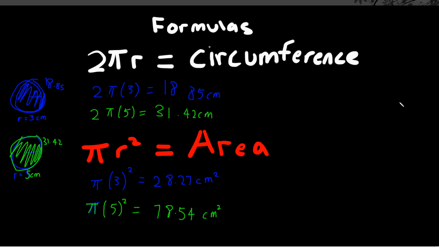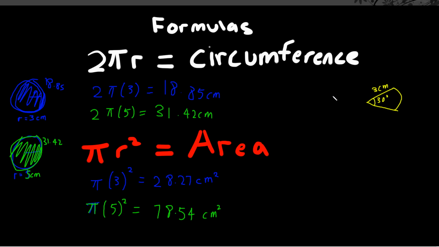Now what if you are given just a sector of that circle? For example, for the same circle, also 3 centimeters, but now you are only given a sector of it. Say this area is 30 degrees.